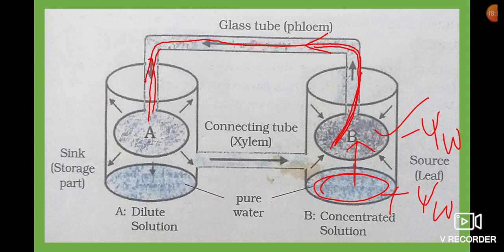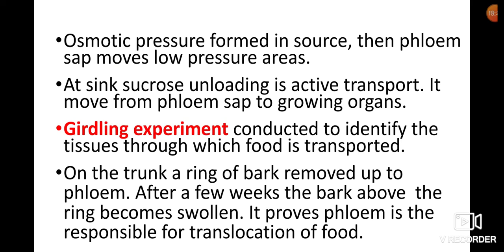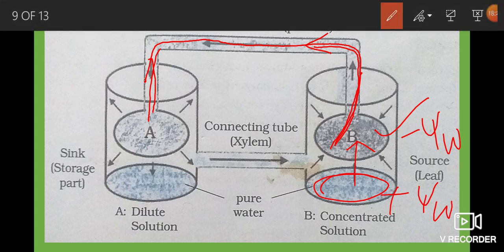So B acts as the source and A acts as the sink. A sink is nothing but storage organs or growing organs, whatever it may be. Food materials reach there based on the pressure gradient.